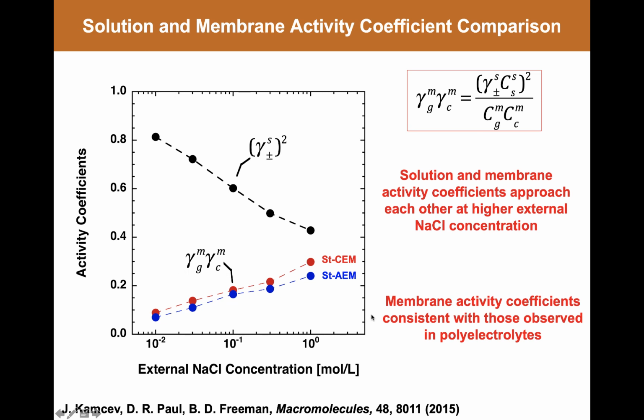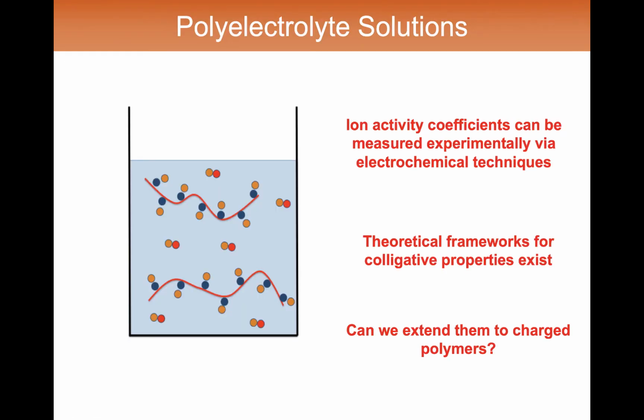Now, there have been no theories for predicting these ion activity coefficients, no first principles theories, I should say. However, the trends in the concentration dependence of these activity coefficients are consistent with those observed in polyelectrolytes that are in solution.